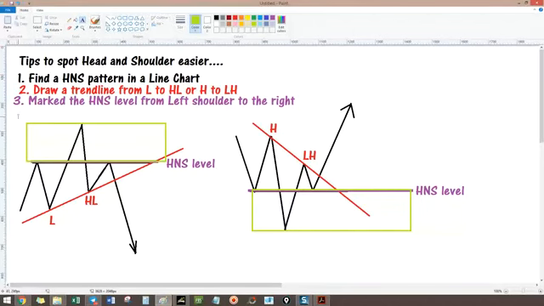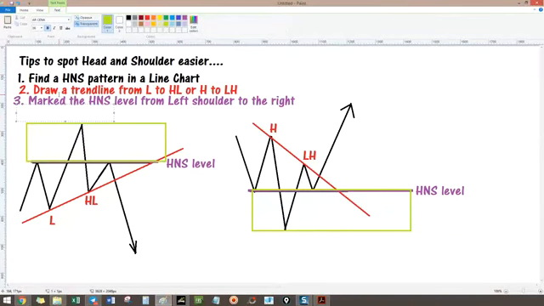Number 4, mark the HNS zone between left shoulder and the head.